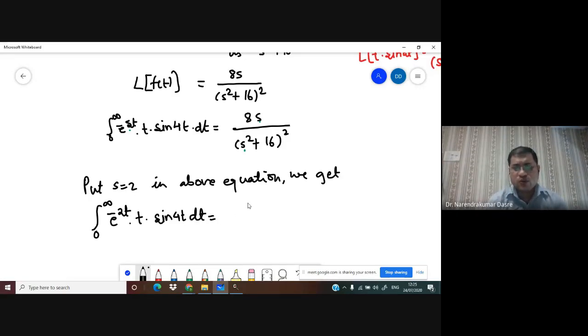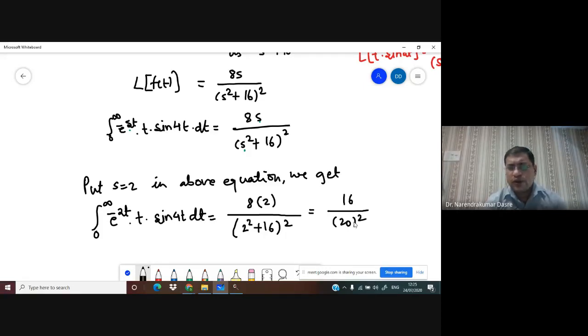So this is equal to 8 into 2 in the numerator, and in the denominator 2 square plus 16 bracket square. So this is going to be 16, and 4 plus 16 is equal to 20, so 20 square. So this will be 16 by 400.